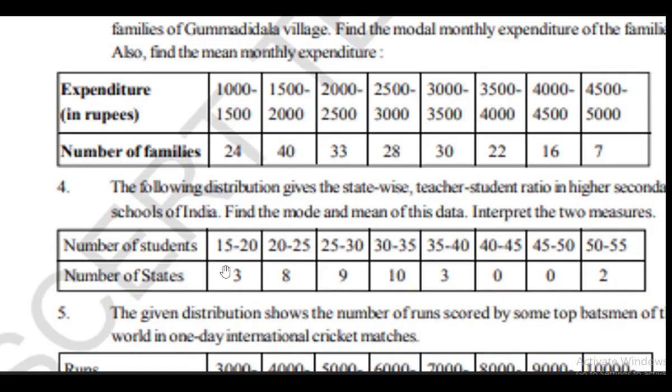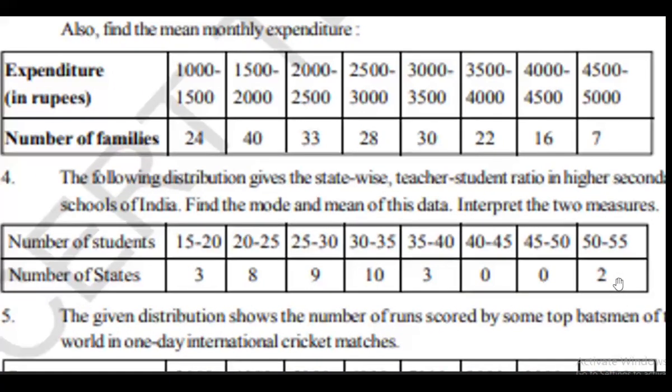Teacher and student ratios are in this way: 15 to 20 students per teacher in 3 states, 20 to 25 students per teacher in 8 states, 25 to 30 students per teacher in 9 states, 30 to 35 in 10 states, 35 to 40 students in 3 states, 40 to 45 students in 0 states, 45 to 50 in 0 states, 50 to 55 students in 2 states.